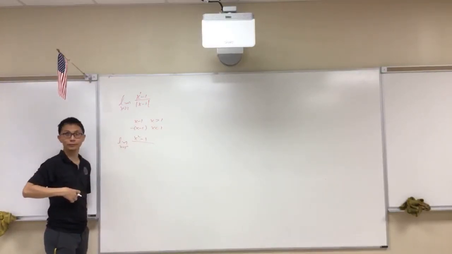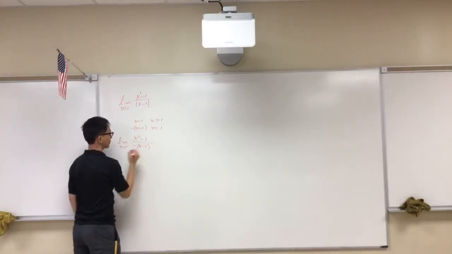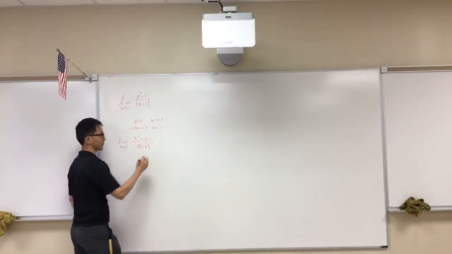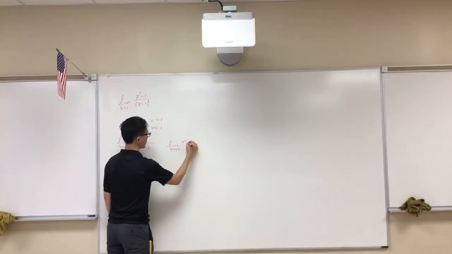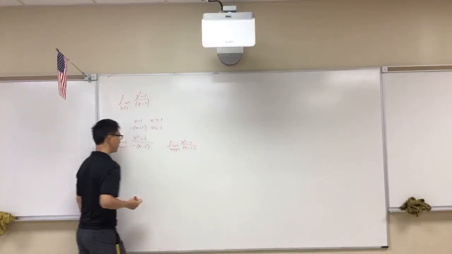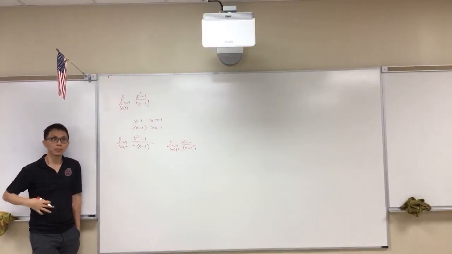It's less than 1. For x approaching 1 from the positive side, it'll be x squared minus 1 over x minus 1. Does that make sense? Let me know if you have any question, because I don't want to move on until you got all the questions answered.